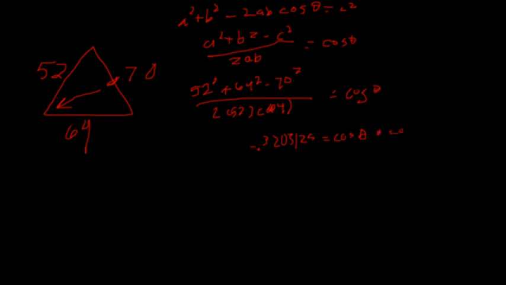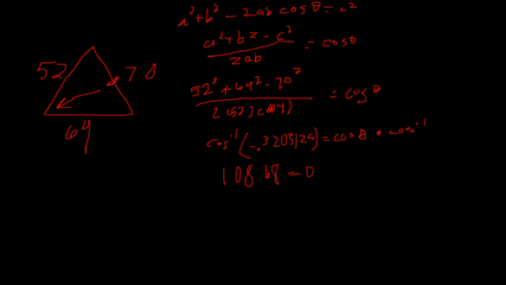So we take the cosine inverse, and we would find that the measure of the missing angle, or the largest interior angle, is 108.68.